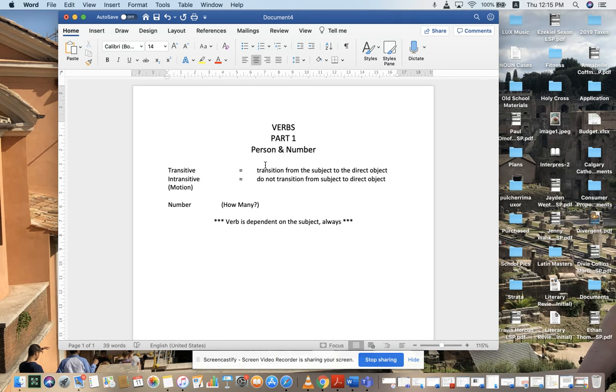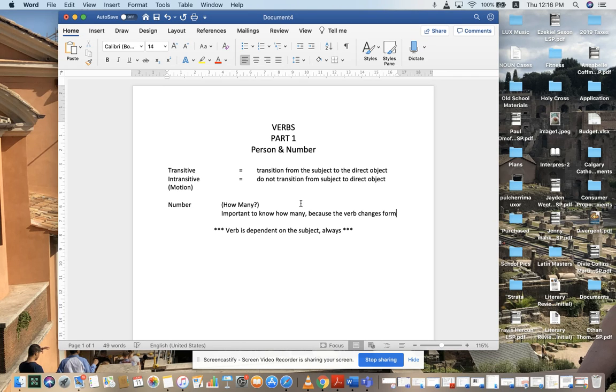Now, why is this important? It's so important to know how many, because the verb changes form. Like, for example, I walk, but he walks.